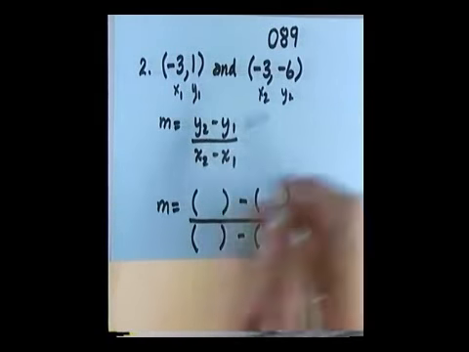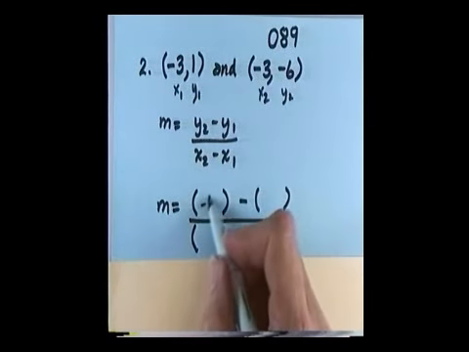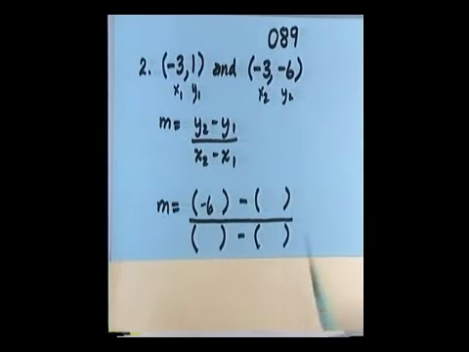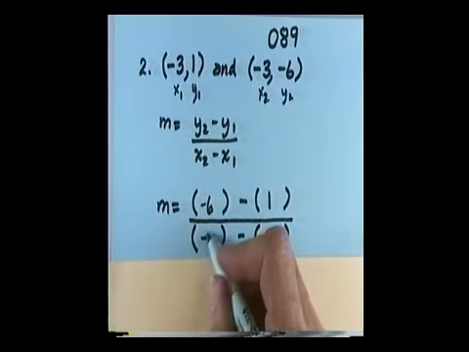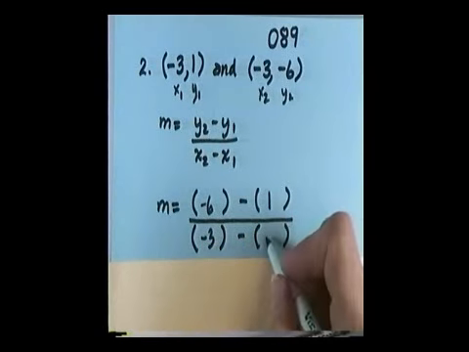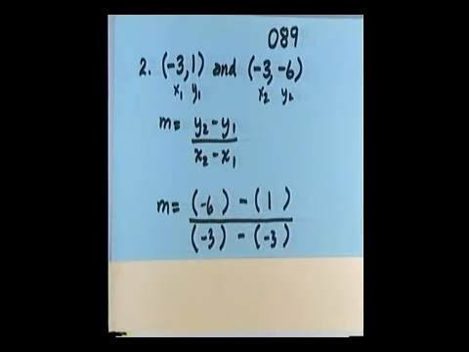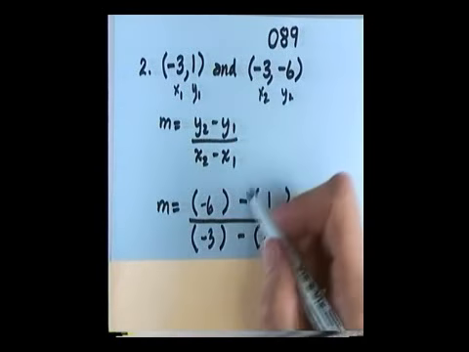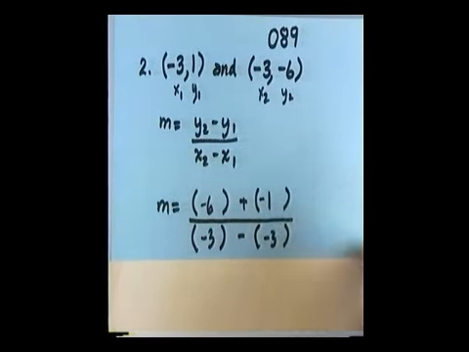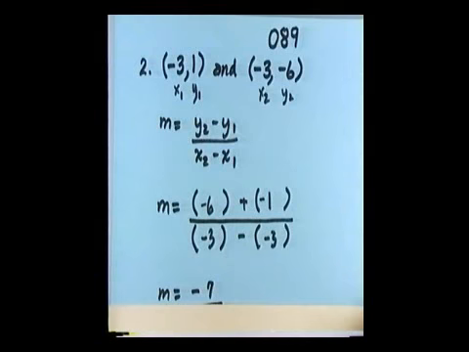We begin with y2, which is negative 6. Subtract y1, which is 1. x2 is negative 3. Subtract x1, which is negative 3. Then we have negative 6, subtract 1, which is negative 6, add negative 1. That gives negative 7 for the numerator.